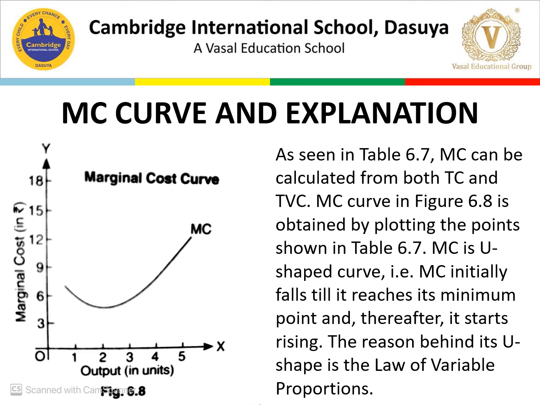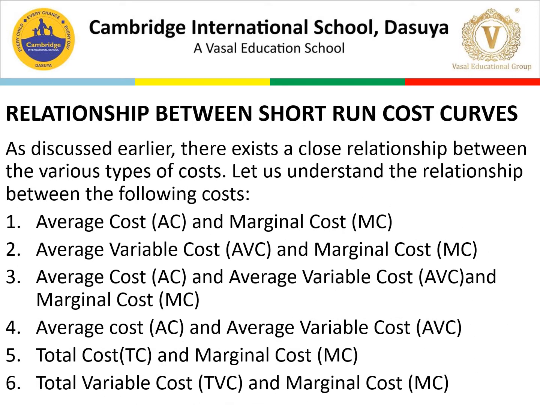Now let's move to the next thing, that is the relationship between short run costs. So here is the list of all the relationships of short run cost, but we are going to do only the first one in detail. Otherwise it will be very confusing for you to learn all the relations, and you will mix up all the things.